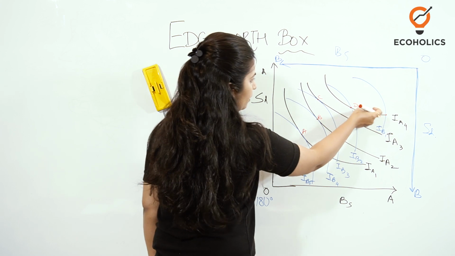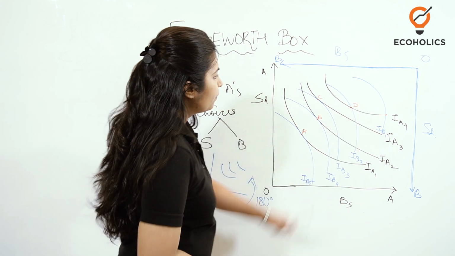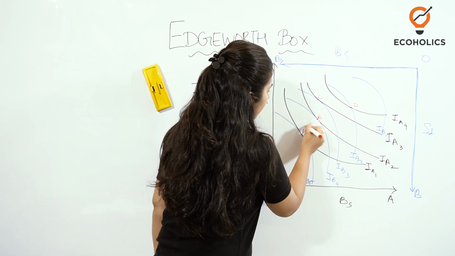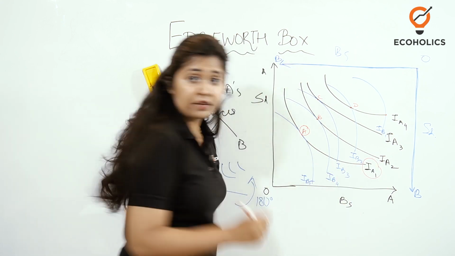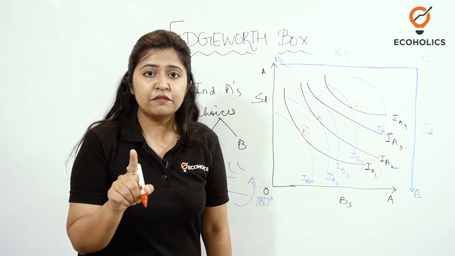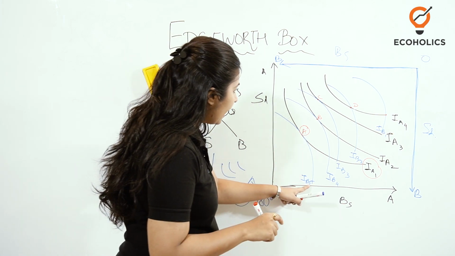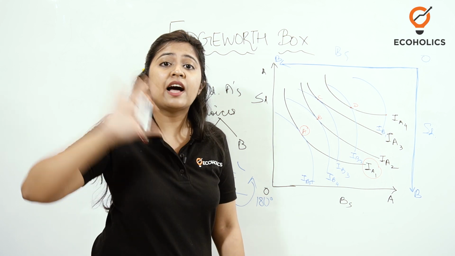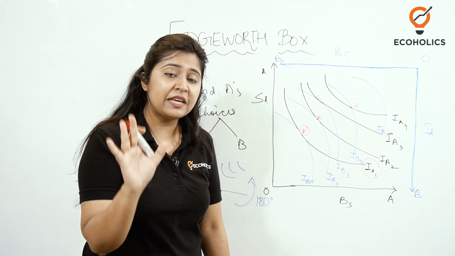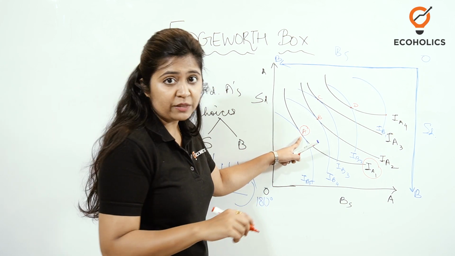and let's say this is D. Now at point A, we see that indifference curve A1, the first indifference curve of A, and indifference curve 5 for B, the highest indifference curve for B, are coinciding with each other.